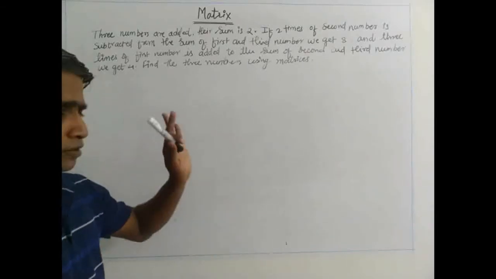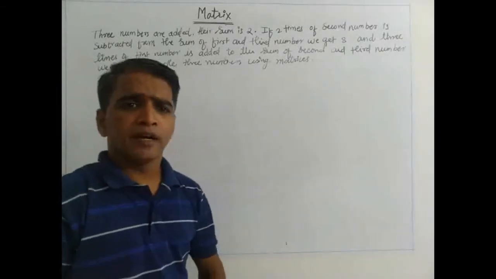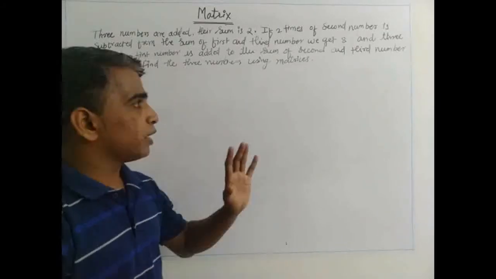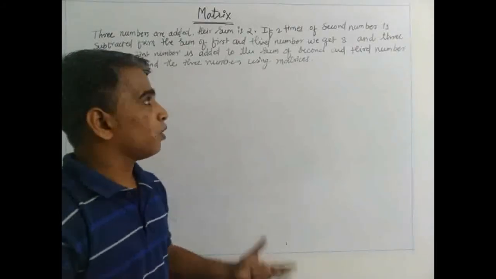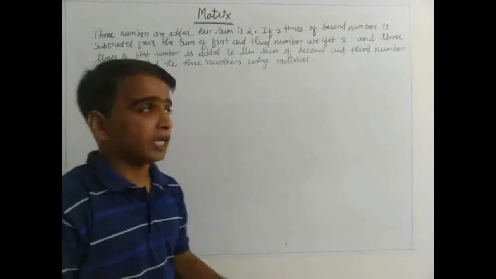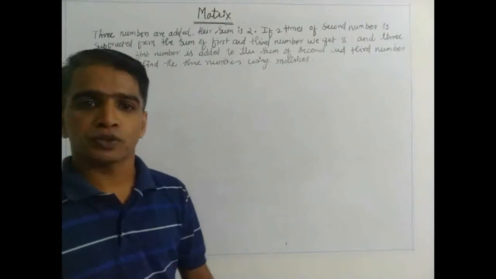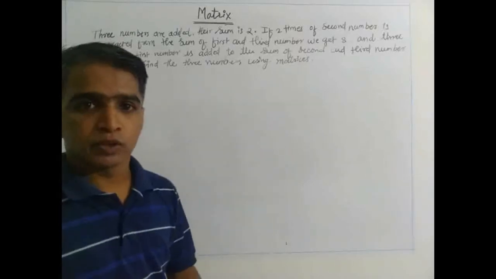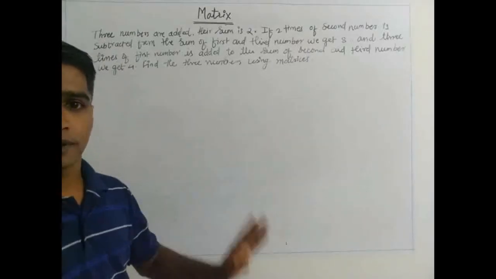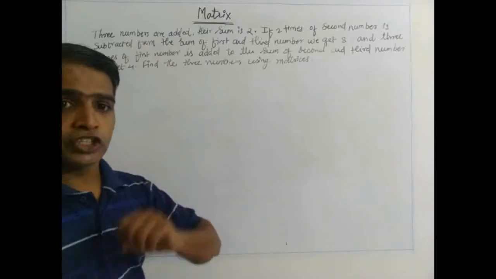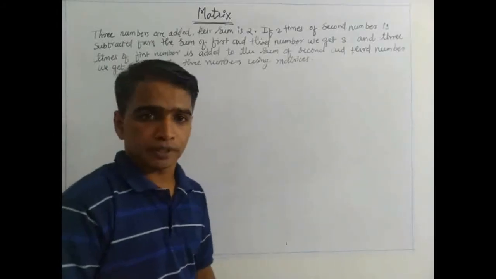Here, first we have to be clear about how many variables and how many equations there are. We already know that such questions were done in the determinant chapter, where we solved them using Cramer's rule. But now we are going to use the matrix method. For the matrix method, we can use either the reduction method or the inversion method.